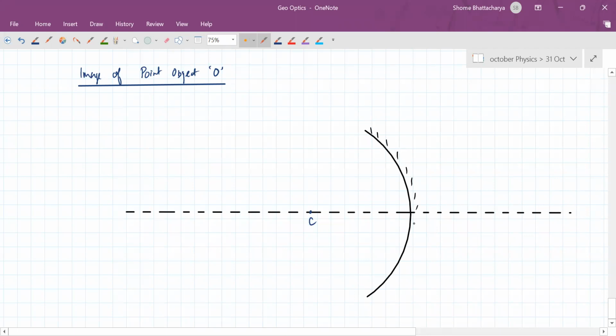So this is a concave mirror. Okay, now if we have kept a point object, let's say over here, then the line joining the center of curvature with the point object, that is called the principal axis. This line. And wherever the principal axis meets the mirror, that point is called the pole.